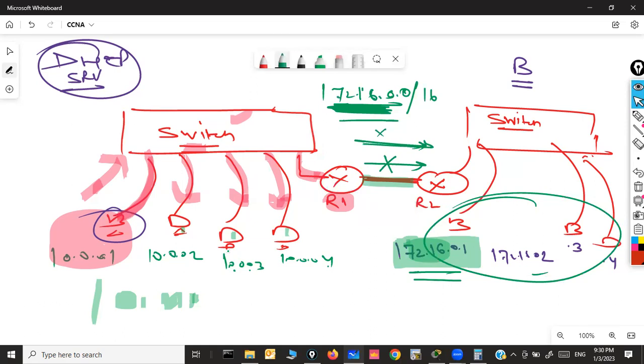So what we do as an administrator, we configure these two network devices. We tell the router that if you have a packet for 172.16, then please do not drop it. Here is the route, route the packet to the remote network. And that's what routing is, right?